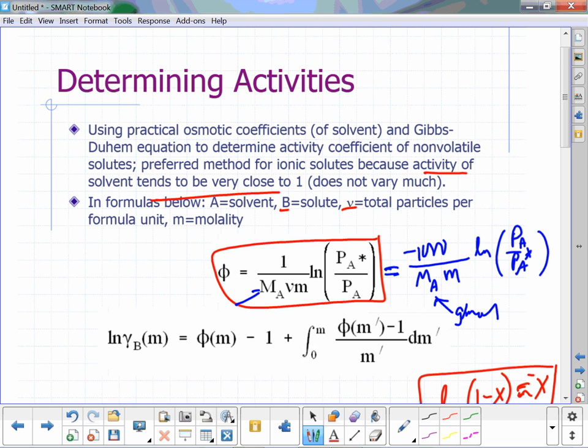If you want molar mass in kilograms per mole, then you have to use this formula. And notice your PA star and PA are flipped. That just affects the sign in front of your expression. The practical osmotic coefficient is going to be a number that is positive.